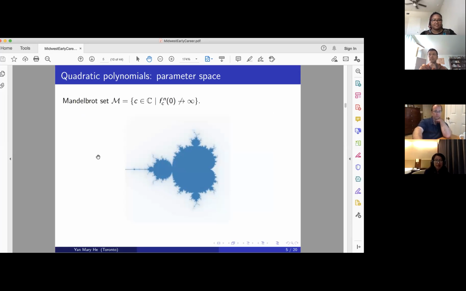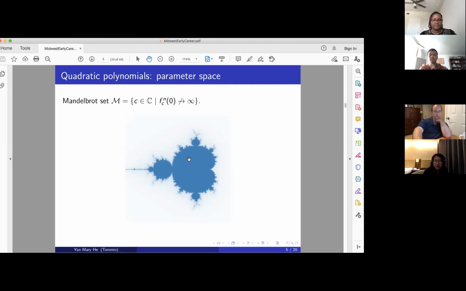So the Mandelbrot set is an important subset of the parameter space. It is defined as the set of all the complex parameters c such that the point 0 does not go to infinity under iterations of the polynomial f sub c, right?